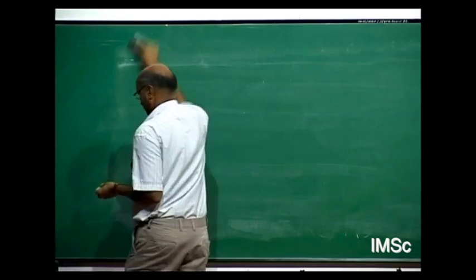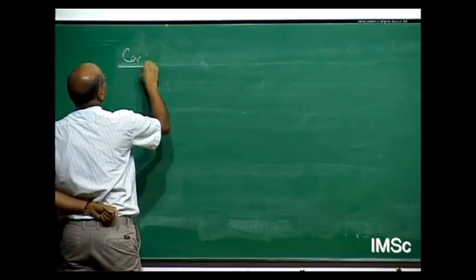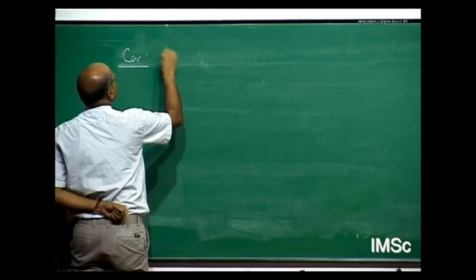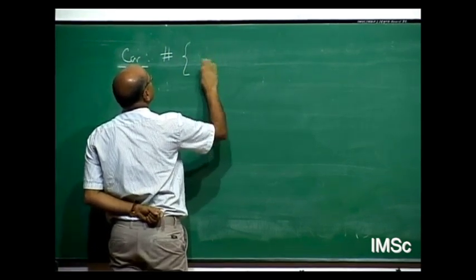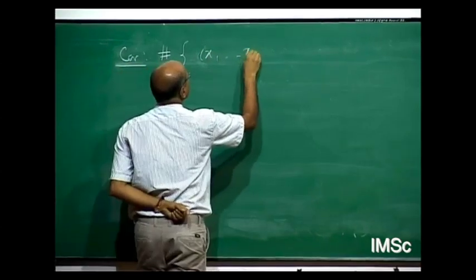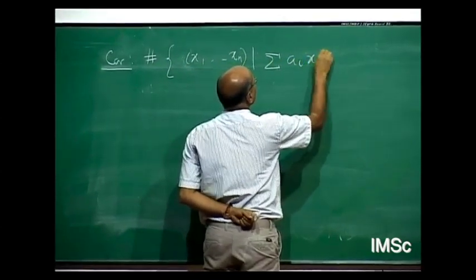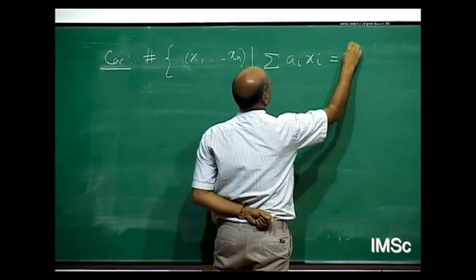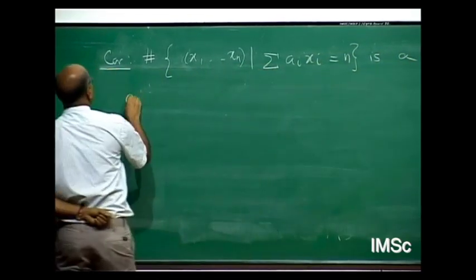So maybe I should just say as a corollary that the number of points x1, ..., xd such that the summation of ai xi is equal to n is a quasi-polynomial function.